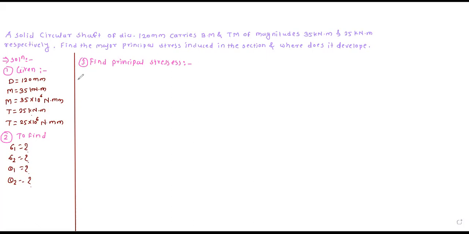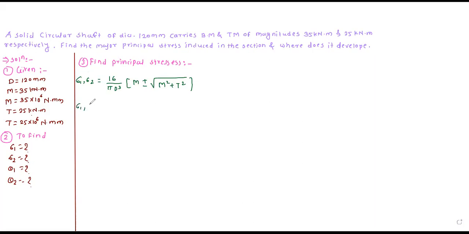Okay, 16 by pi d cube, in bracket M plus minus square root of M square plus T square.